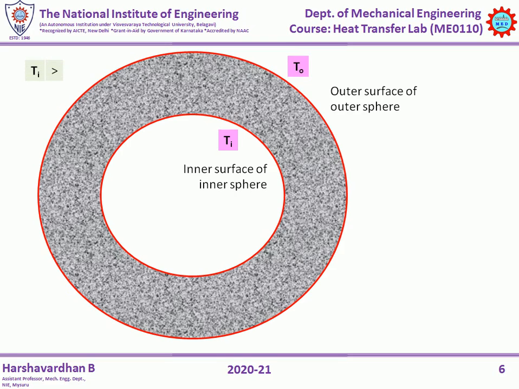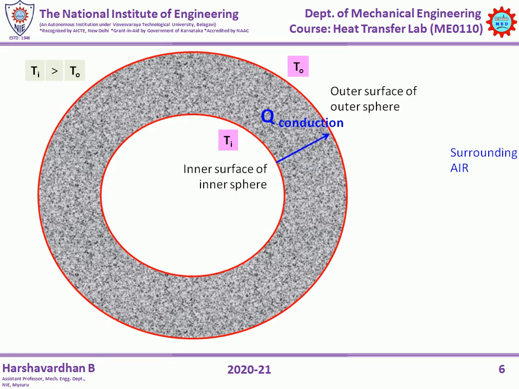Since the inner surface will be in contact with the heater, Ti will always be greater than T0. So because of the temperature difference between the inner sphere and the outer sphere, the heat will be conducted through the asbestos powder by the conduction mode.